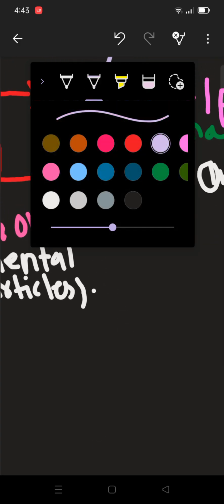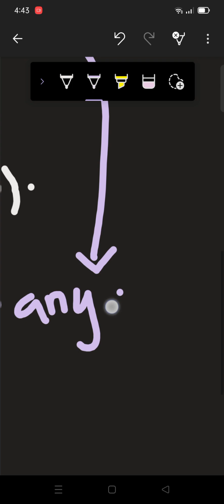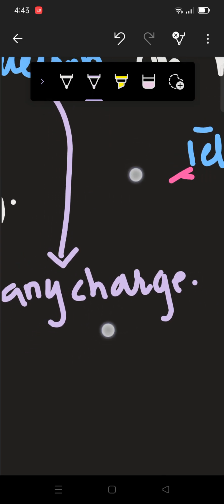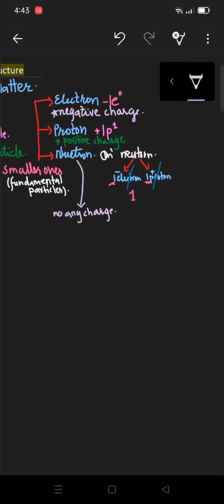As I told you, it has no charge, neither positive nor negative. Alright, so we do say that electron is also known as wood particle. How is it also known as wood particle?